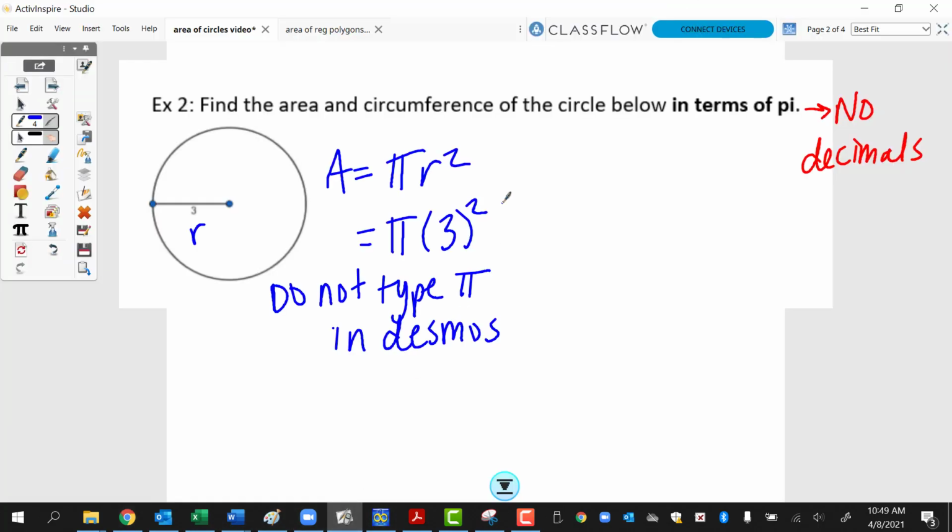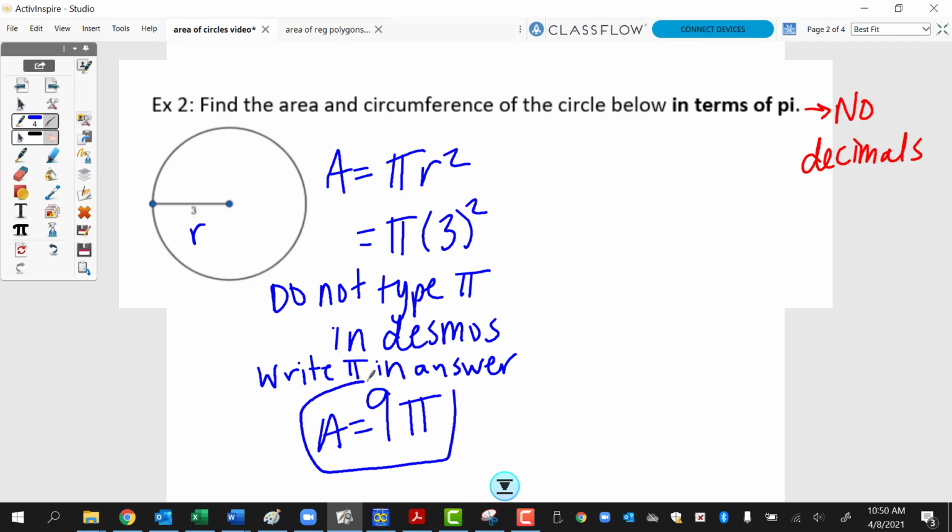Okay, great. And so we have 9, and we write pi in our answer. So that means our area equals 9 pi. Okay? So I just type the number parts, I don't type pi.